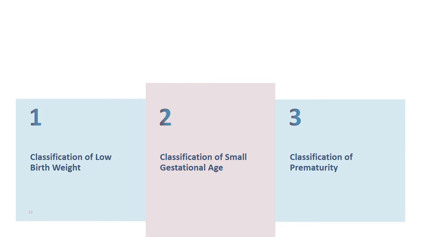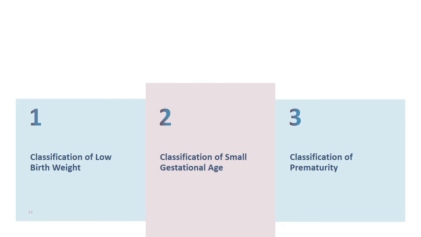And it's important to note that this definition excludes gender and precise gestational age. So if you say, but hold on, a boy baby usually weighs a little bit more than a girl baby, you're quite correct in thinking so. So again, the definition is not perfect, but just for a general estimation, if the child is within term, but still weighs less than 5 pounds or 2.5 kilograms, they will be deemed to have a low birth weight.